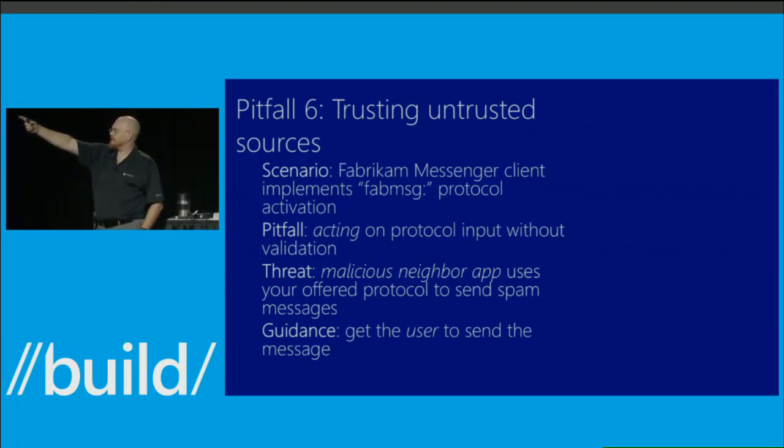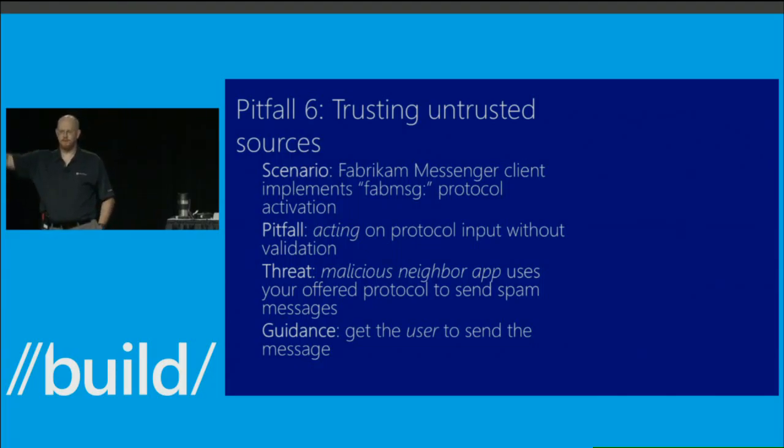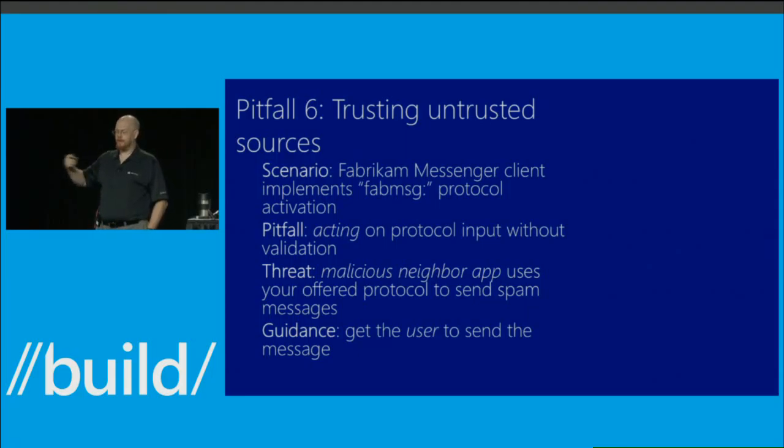So if what that does is immediately send a message, you're inviting other apps to spam all of the user's friends via this protocol. And then they go, hey, why are you sending me these annoying fab messages about fake Rolex watches and herbal remedies that will do something? What?